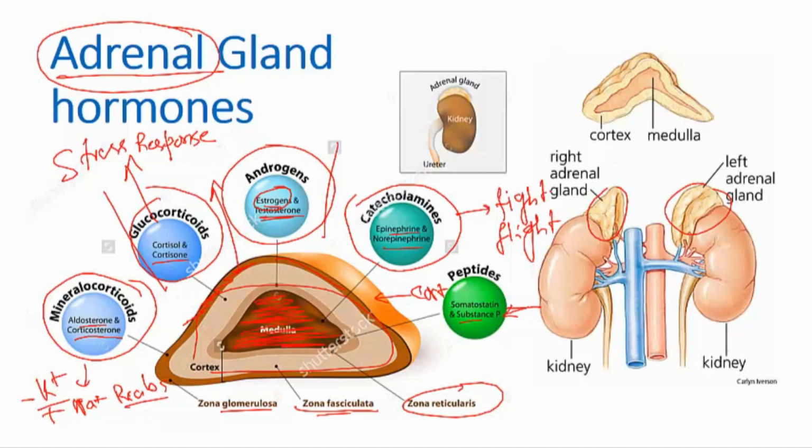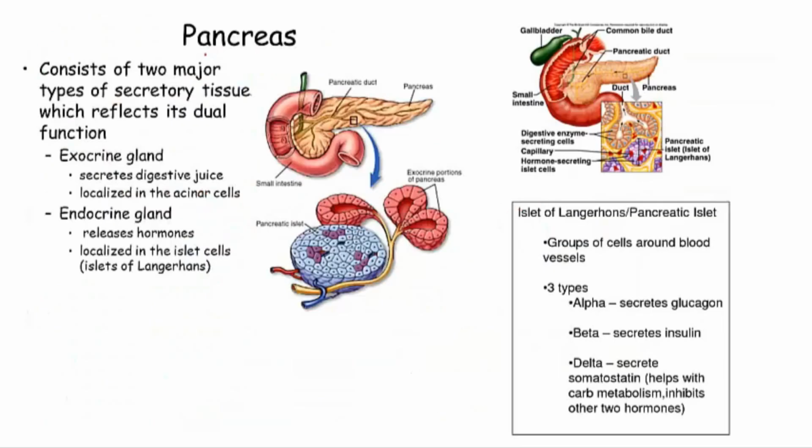Now let's move to the next organ, the pancreas. It's a different organ, though. The pancreas is involved not only in digestion, because it secretes chemicals that help in the chemical digestion of food, but besides that it also has an endocrine activity. It has two types of activity, as I told you, exocrine as well as endocrine.